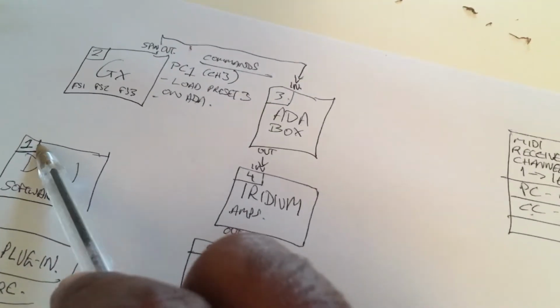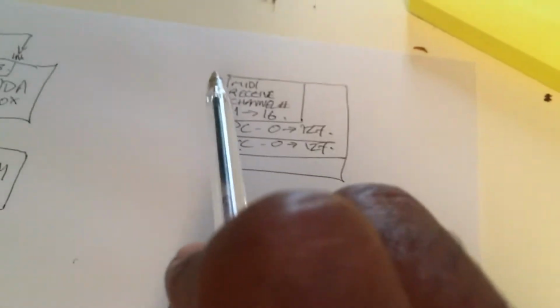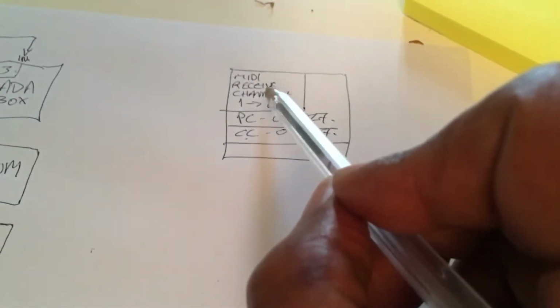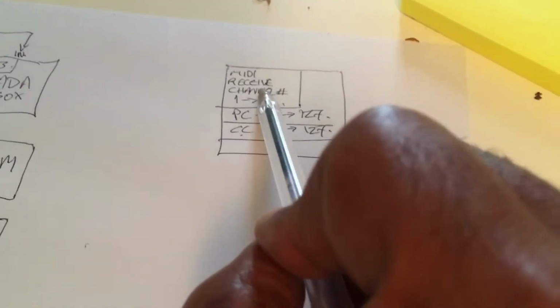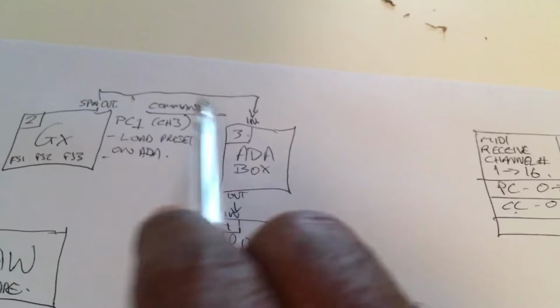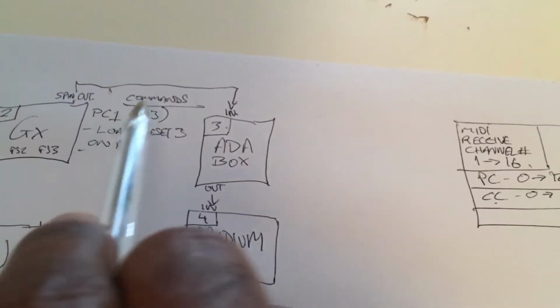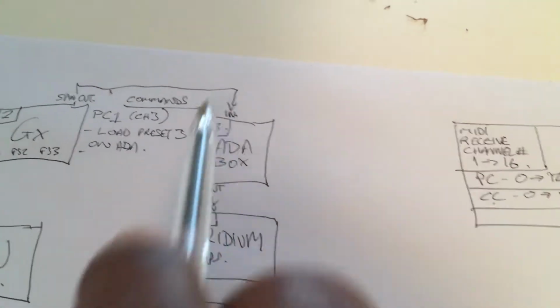Maybe your MIDI's turned on, maybe it's not. But the first thing you're going to do, with any box, is go in, turn on the MIDI receive, and give it a channel number. That should be individual. When you set up commands, obviously, you need to say whatever PC you're sending, which channel it's going to for that box.